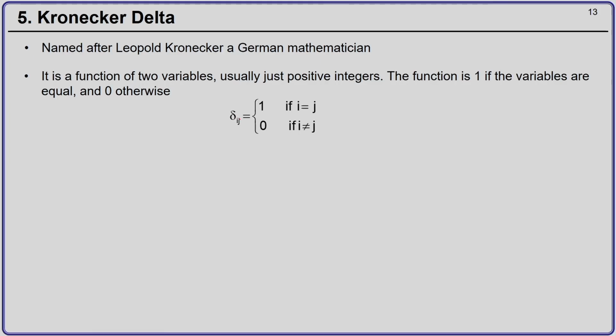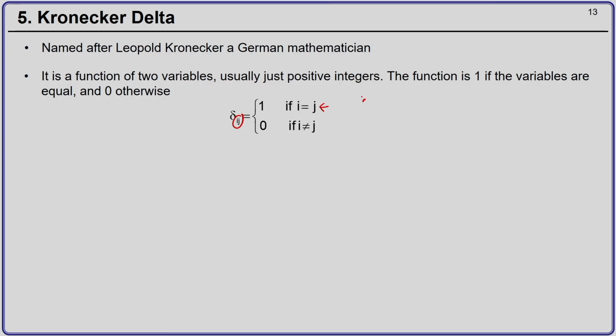Okay. A Kronecker delta is usually denoted by the symbol delta followed by two indices i and j. Okay. So, if i is equal to j, then the value of delta ij will be equal to 1, and if i is not equal to j, then delta ij will be equal to 0.